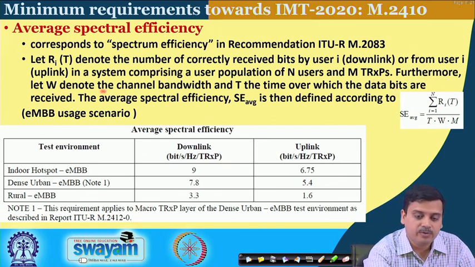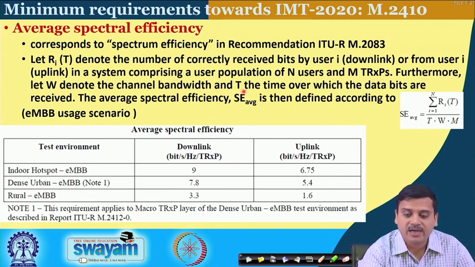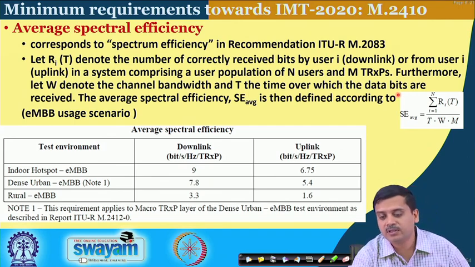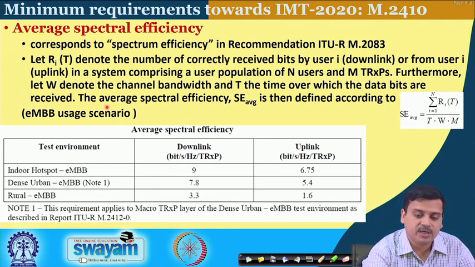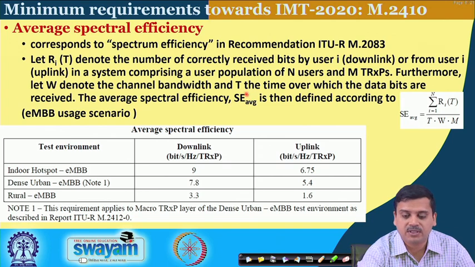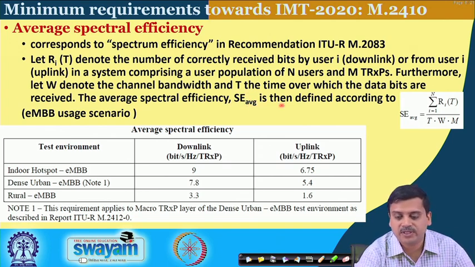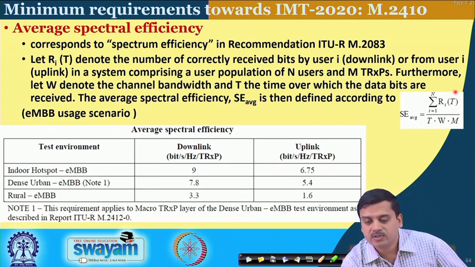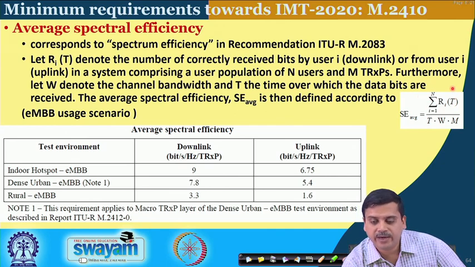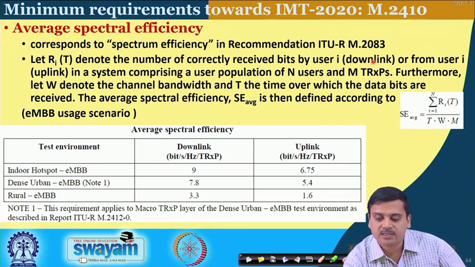Furthermore, let W denote the channel bandwidth and T the time over which the data bits are received. The average spectral efficiency SE sub average is defined as you sum over the data rates of all the N users and divide by T, the time of transmission, W, the bandwidth, and M TRxPs. Then you get the average spectral efficiency.